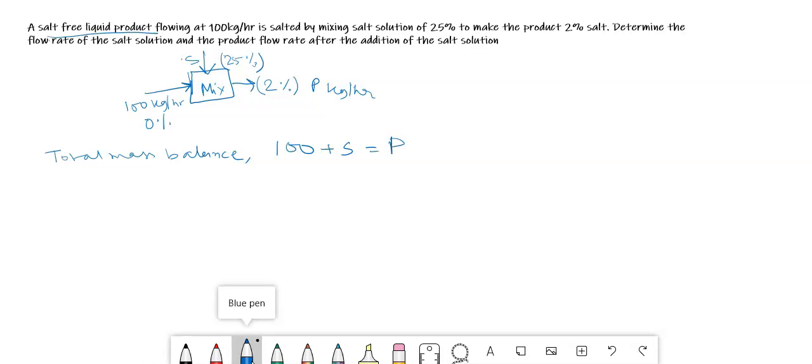And then the component balance, because we know all the concentrations of the salt solution. So the first one will be 0 into 100 plus S into 0.25 is equal to 0.02 into P.